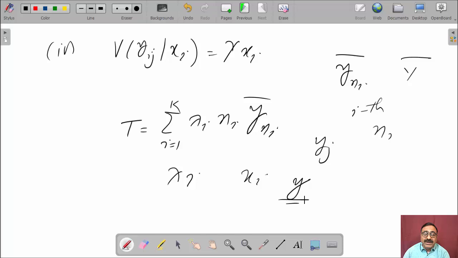Then we shall show that t is the best linear unbiased estimator of y bar.